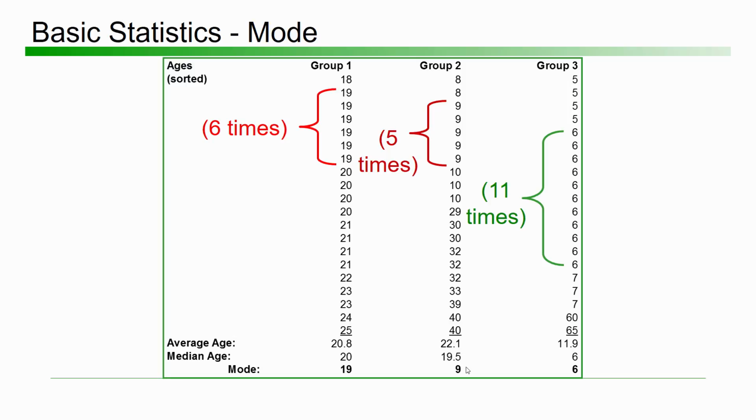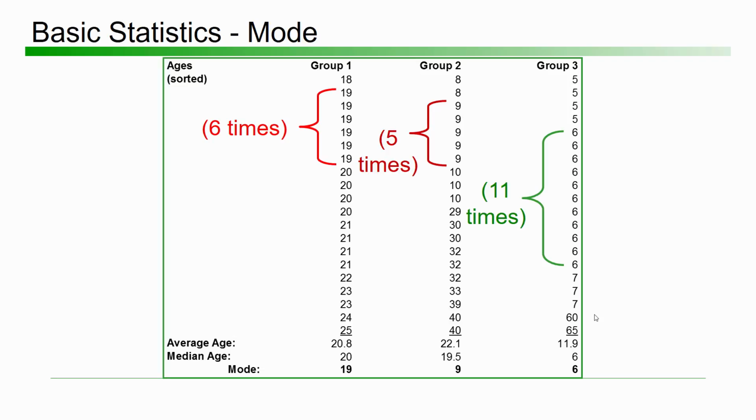So we have to be careful with the mode, and if you were only interested in what age is there the most of in that PTA group, you'd say, well, there was mostly 9-year-olds. That wouldn't really tell you a lot about the population. But in the case of the kindergarten students, the mode was age 6. That was what's there most frequently, which also happens to be the same as the median.